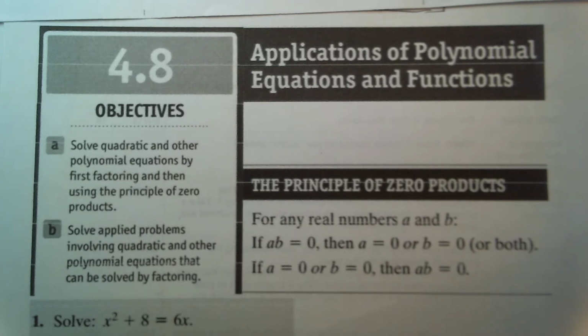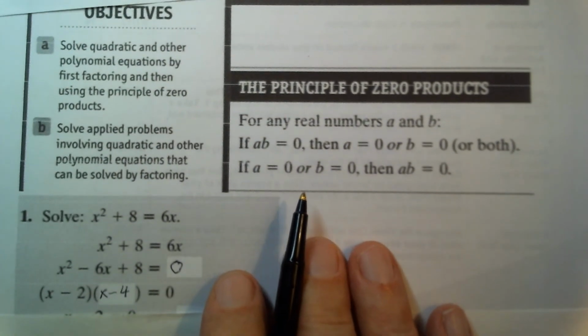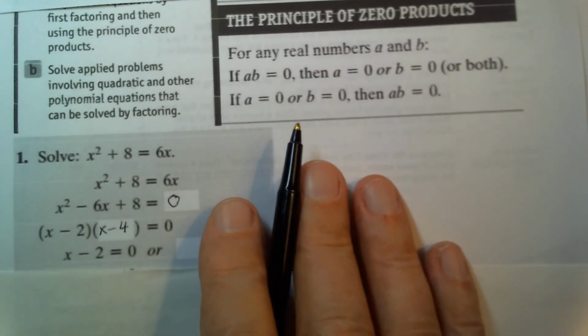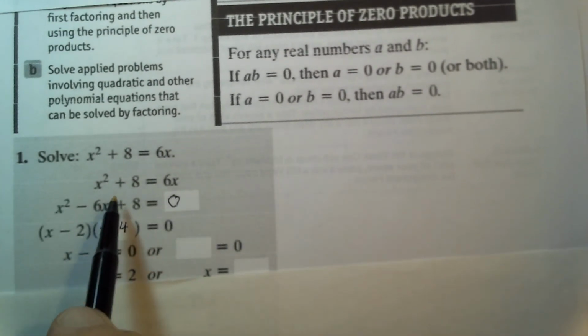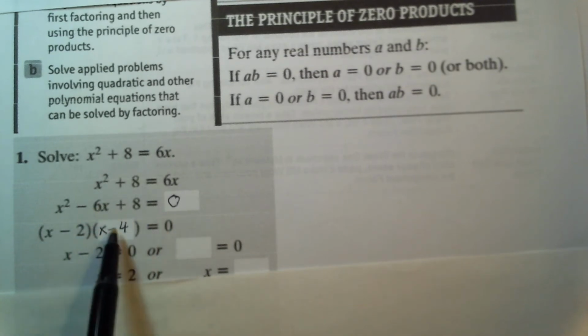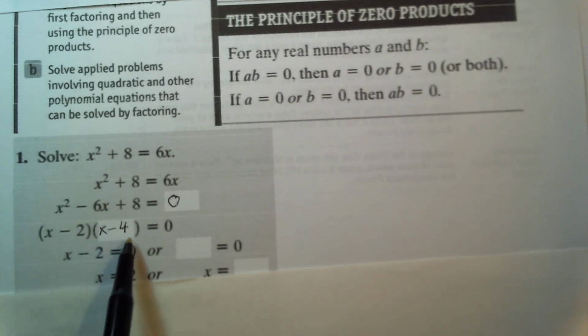So now what that means, when we look at the zero product property, is this. We rewrote this as x squared minus 6x plus 8 equals 0. We factored the left side, and now we have the product of two numbers that equals 0.